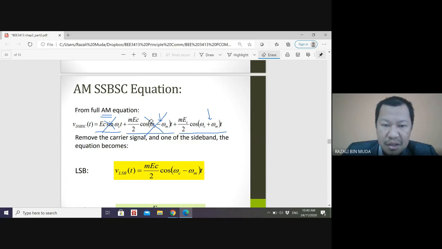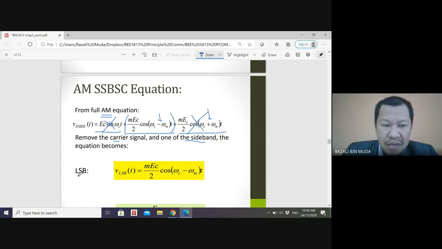Okay, let's say you remove this part, so now you have the lower sideband only. Remove the carrier signal and one of the sidebands, the upper sideband.